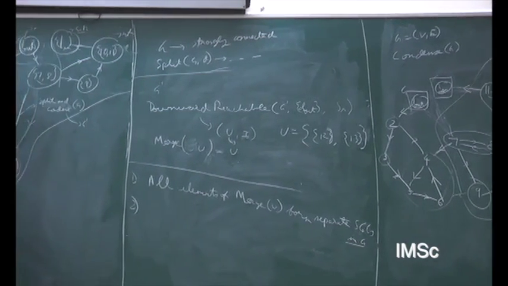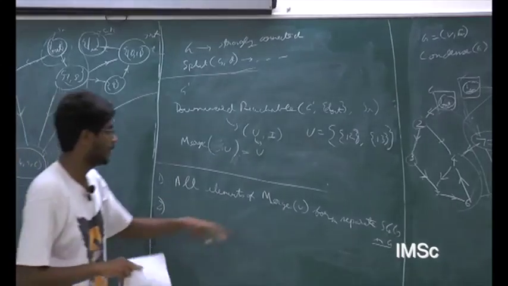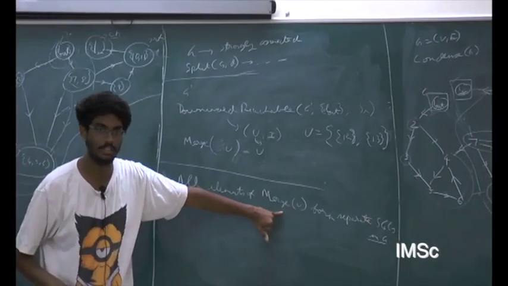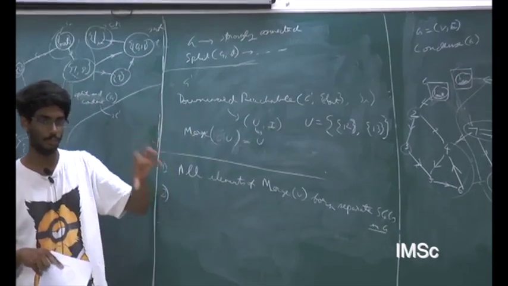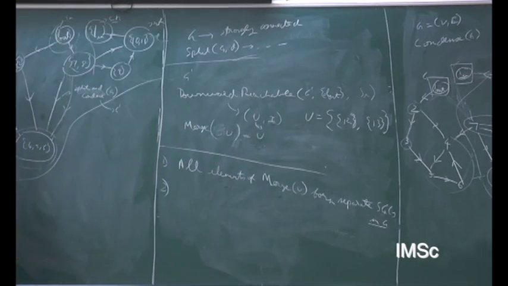Each of them is a maximal SCC in G. Every element of merge of U is a subset of vertices of G, and each of those subsets is a maximal SCC in G.